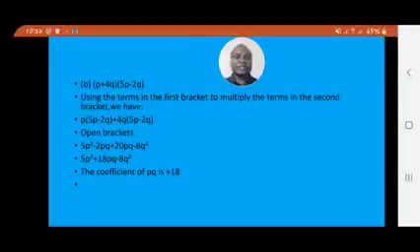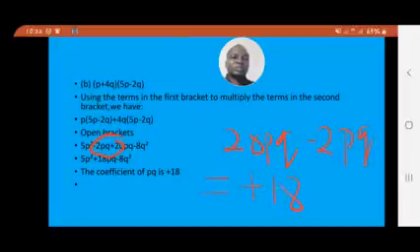Now the next step is to simplify the middle. You simplify the middle, as you can see, that is 20pq minus 2pq, and that gives us plus 18pq.